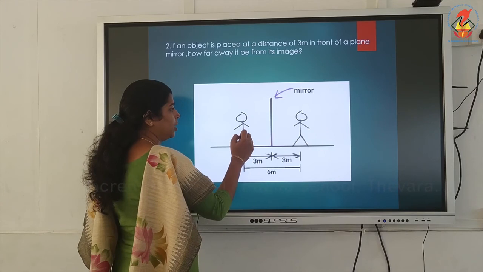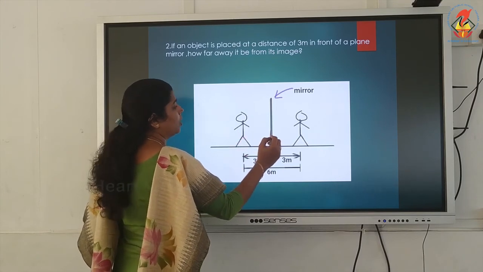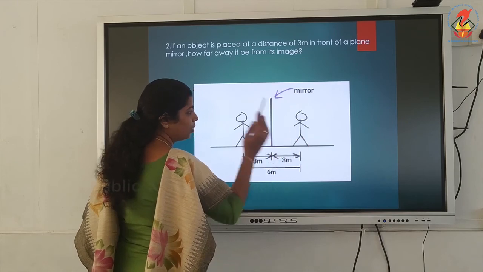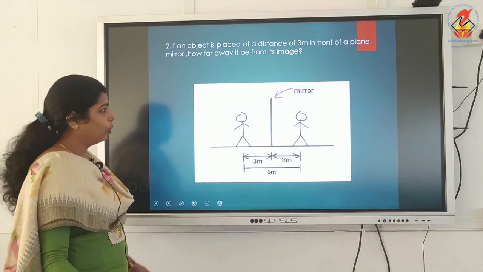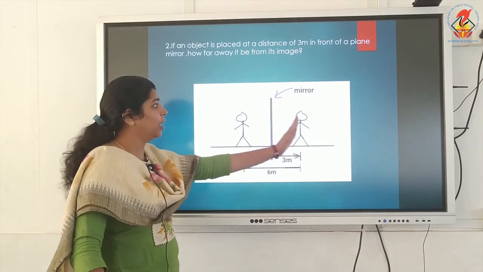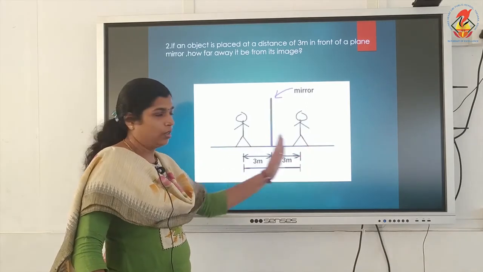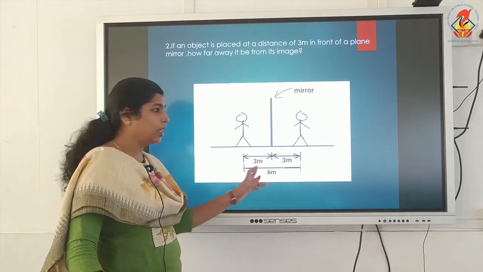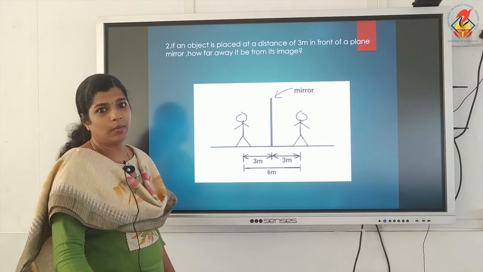Now, what's the distance between the object and its image? 3 plus 3, that is 6 meters.